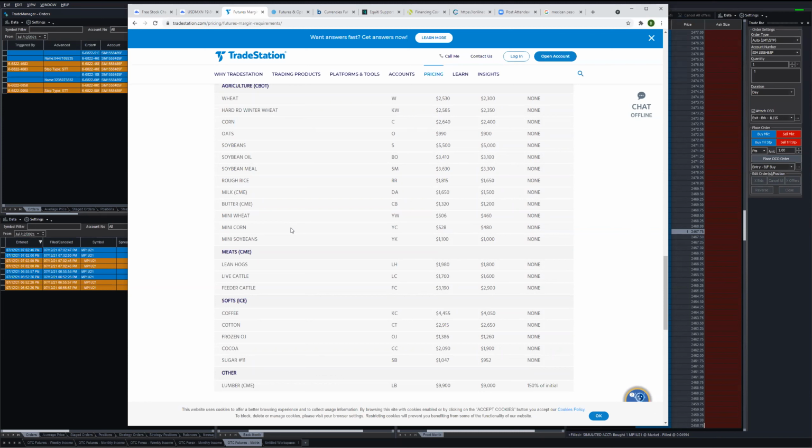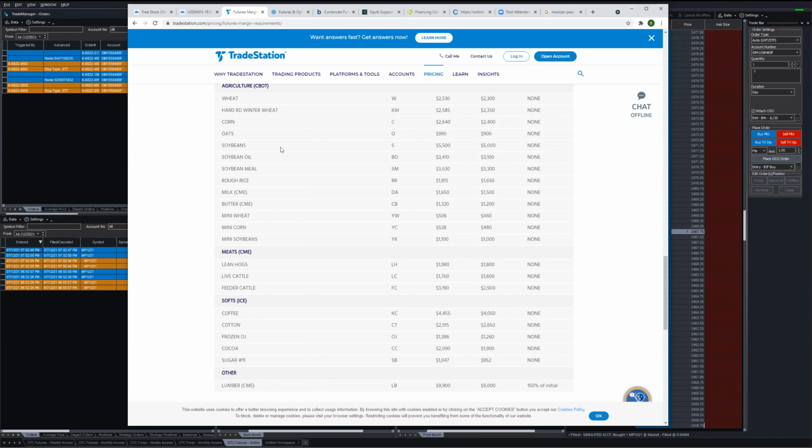And now they slowly introduce these minis and these micros for all of their markets, and this makes it, I hope, more attractive for us to trade the real deal and have more trading opportunities.